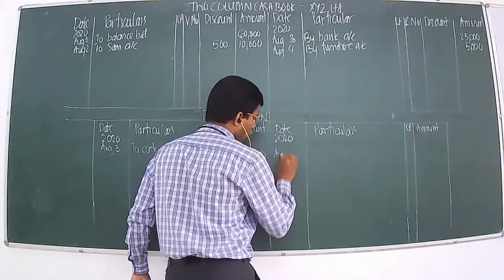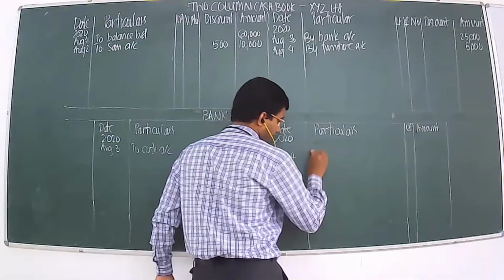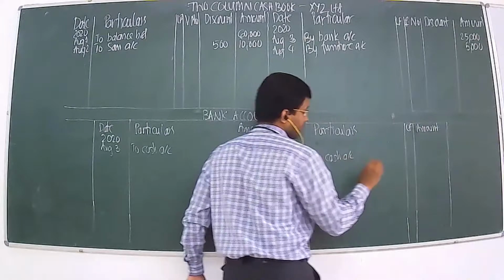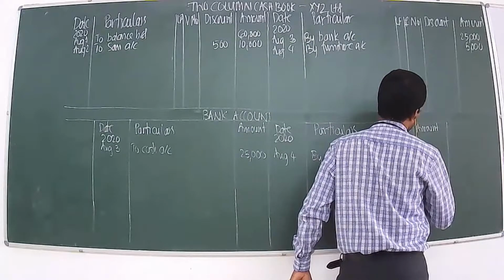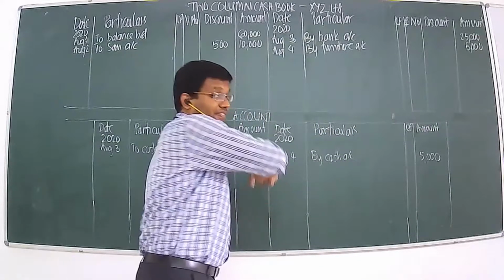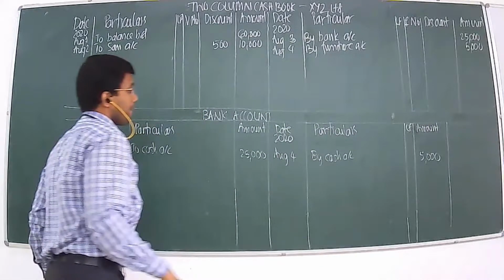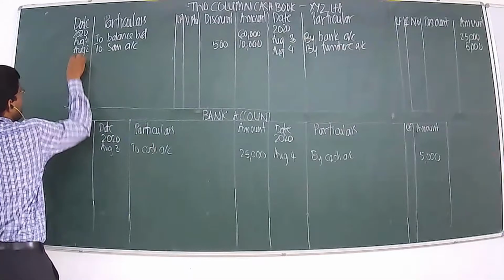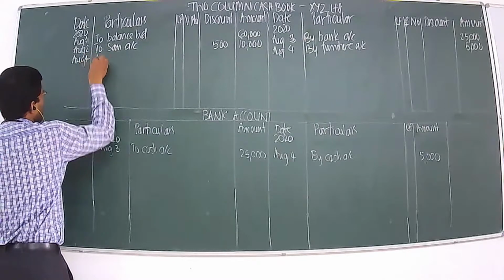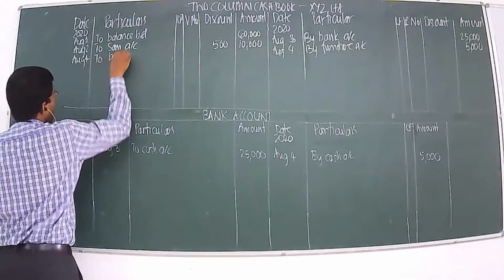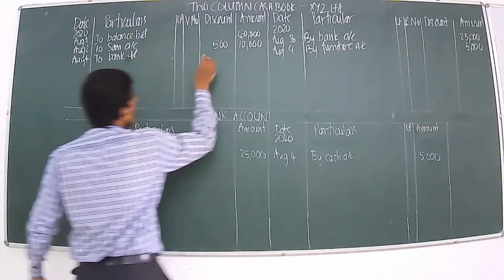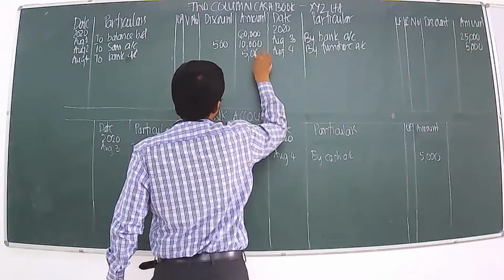So, August 4th, by cash account, amount is 5,000. Now, this shows that you have taken the money out from your bank account. And here, August 4th, to bank account, amount is 5,000.